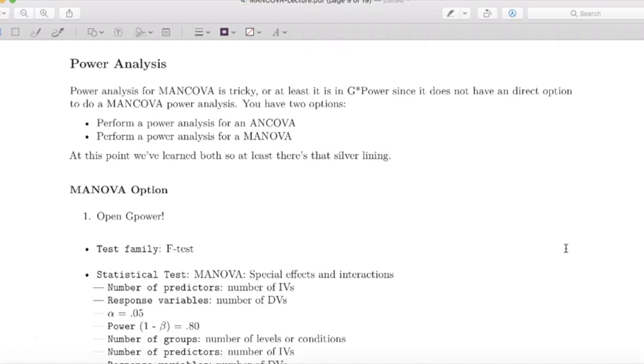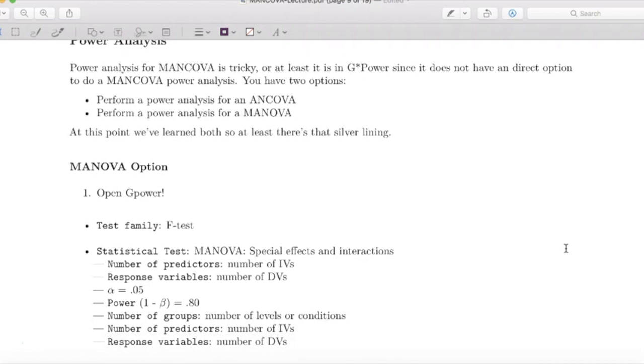You could do a power analysis for Mancova, which we learned in the previous class, or you could do a power analysis for Manova, which we learned in the previous lesson. You are going to see there's a very big difference between doing one and the other, and it actually has to do with the effect size, really.